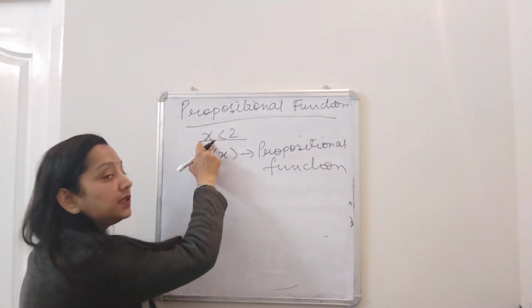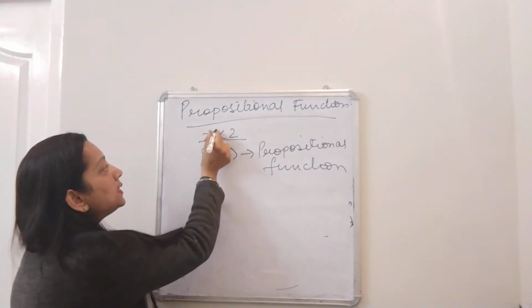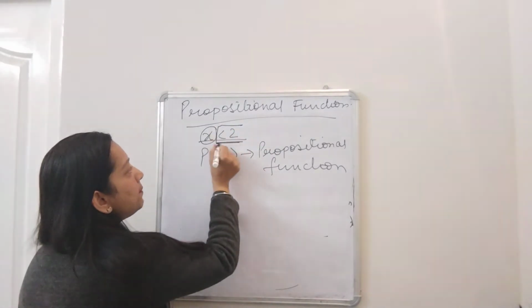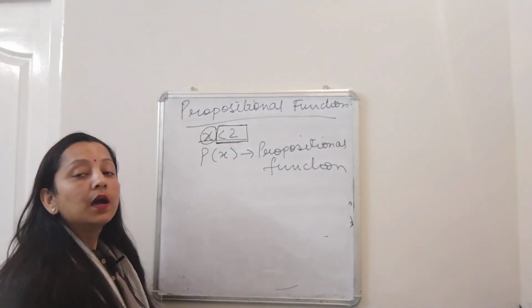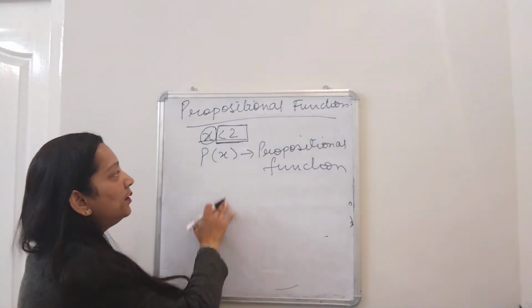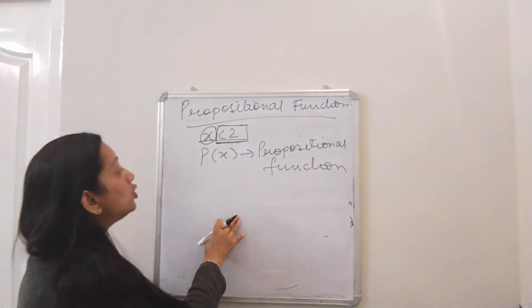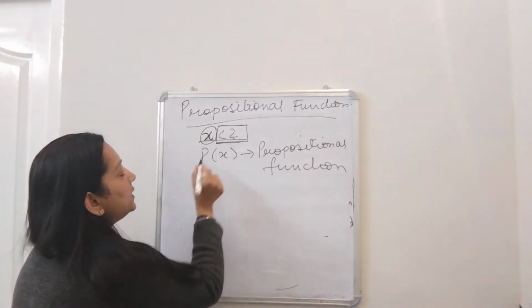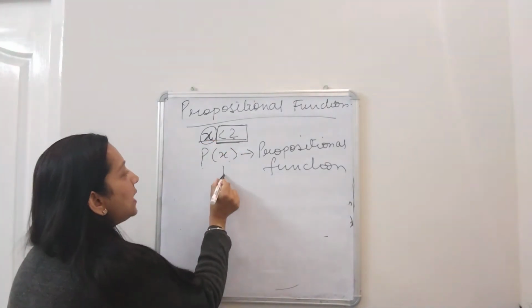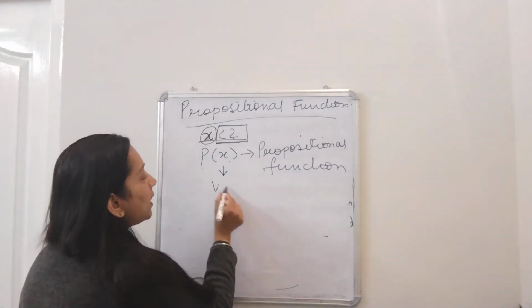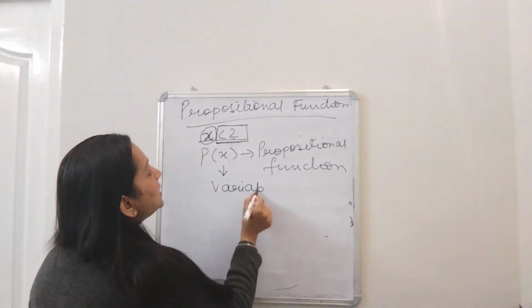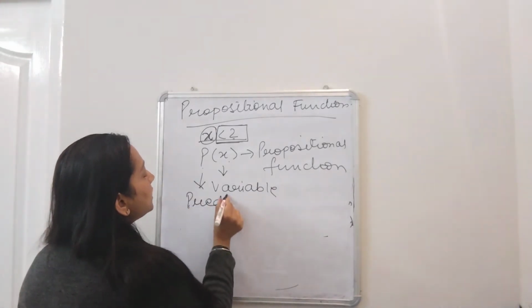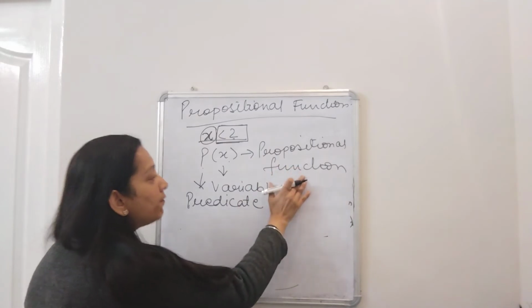The first part is the variable, also known as the subject of the predicate, and the second part is the property of this subject, which in this case is less than 2. I denote this predicate by p of x, where x denotes the variable, which is the subject, and p stands for the predicate. This is known as the propositional function.